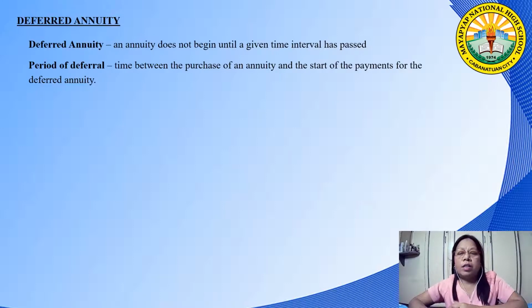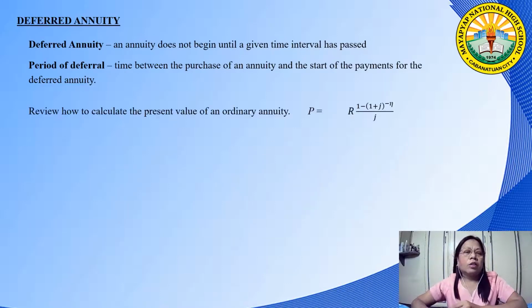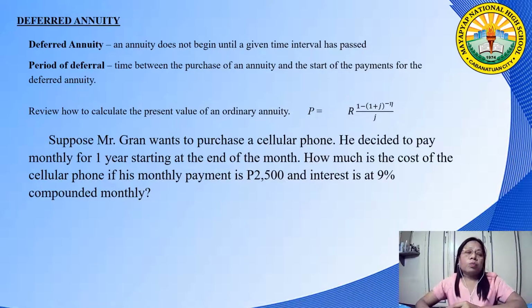So review how to calculate the present value of an ordinary annuity. You recall the formula, and that is given by P equals R times 1 minus quantity 1 plus j raised to negative n, over j. So suppose Mr. Grant wants to purchase a cellular phone.